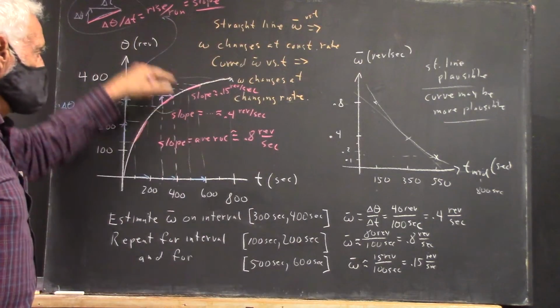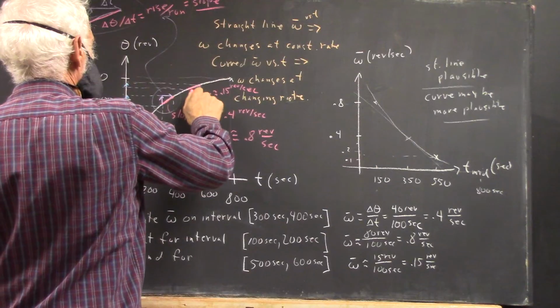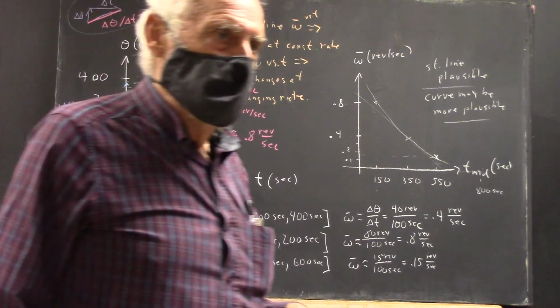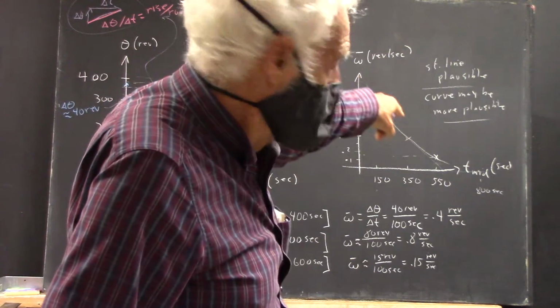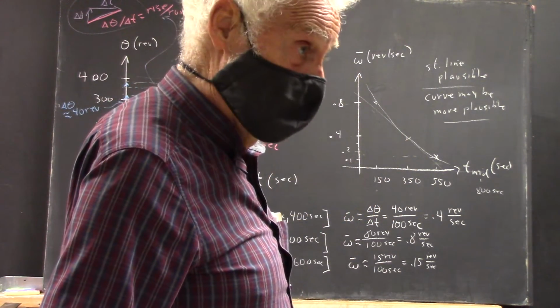So we have these three slopes, here, here, and here. So what I've graphed over here are slopes of this graph, okay?